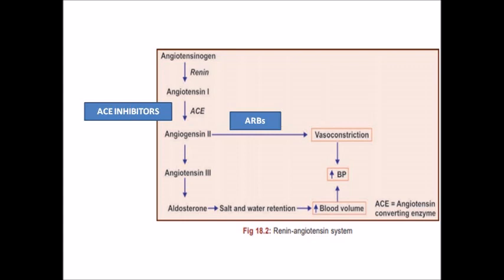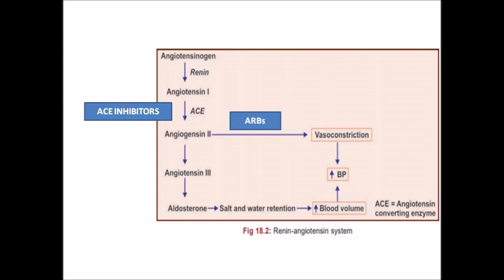So our second group of antihypertensive drugs, the ACE inhibitors, is involved in inhibition of this ACE enzyme or angiotensin converting enzyme. Ultimately, it doesn't allow the formation of angiotensin 2, so there is no vasoconstriction and there is reduction of BP. So ACE inhibitors are the pril group of drugs. Example is captopril.